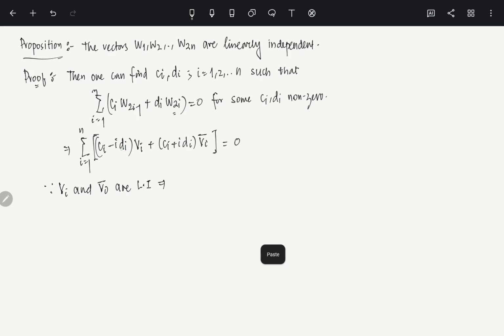That is always true. What will that imply? That a real is equal to a complex. That can only happen if c_i and d_i are 0. So that implies c_i equals d_i equals 0 for all i. Okay. So that's a contradiction, and hence W1, W2, up to W2n are linearly independent. So, very, very simple proposition.